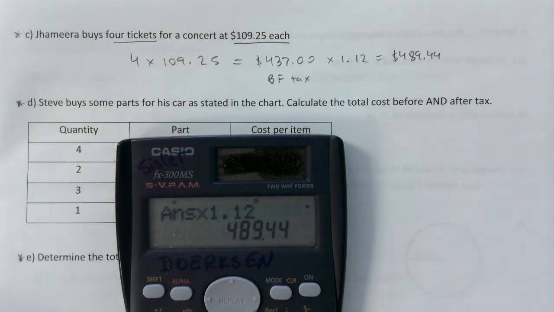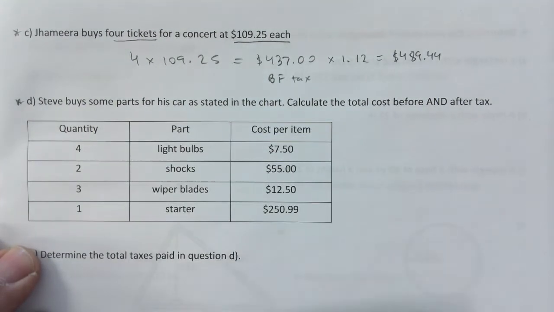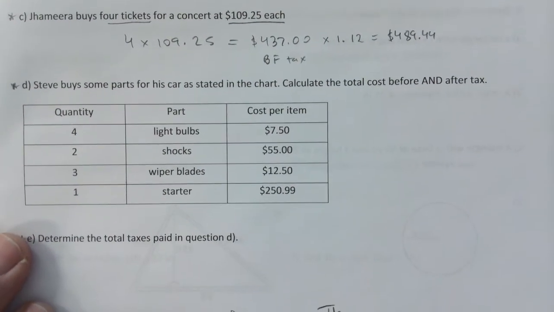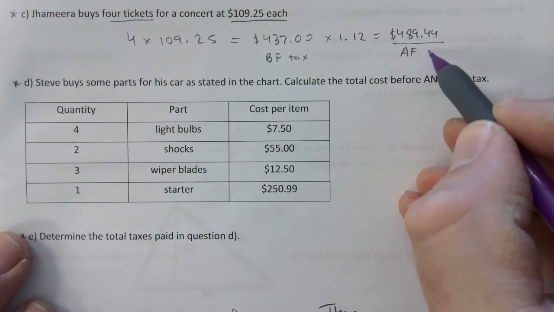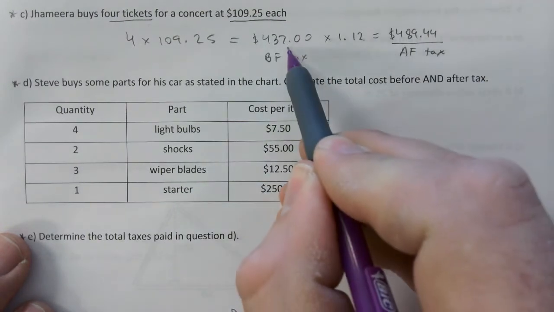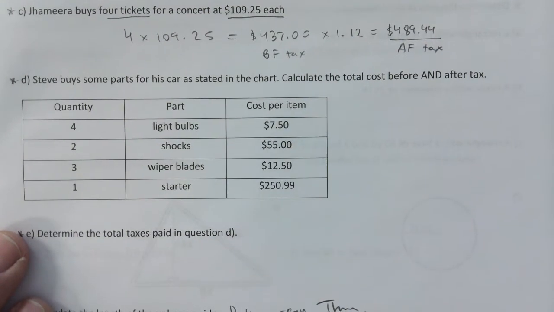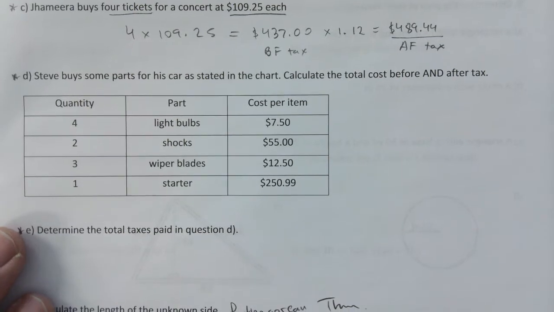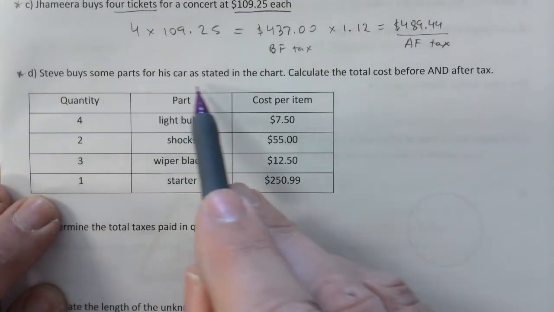Okay. And if this is a review for you, good, right? If you're learning something new, then even better, right? After tax. Okay. So this is including tax, not including tax, and this is what should give it away, right? And we're going to use this a lot in this course. Taxes are everywhere, right?